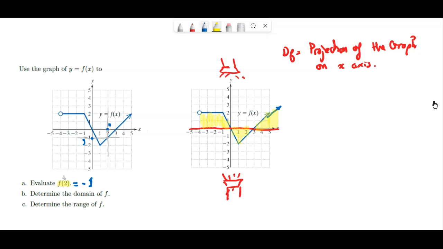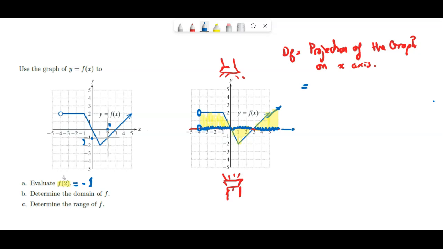Okay. So now, where is the shadow located? On the x-axis. Because this is an empty point, it's going to be empty as well here. Now, all of this is shadow. The shadow from above, this one, the shadow from below, and from here as well, the shadow from above, right? And this is going to keep going. So now, what would be the domain?